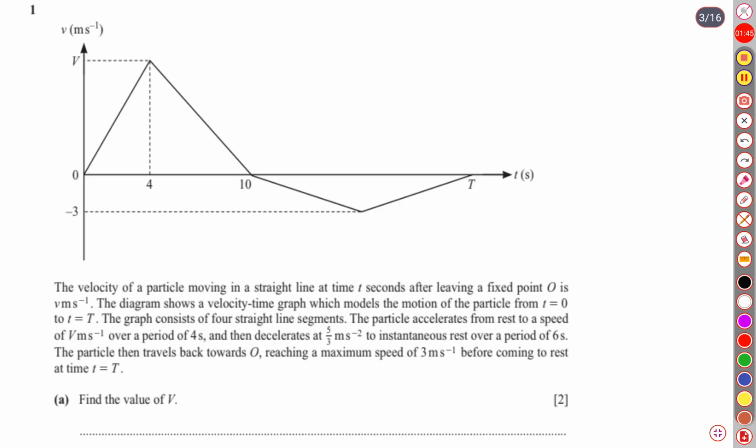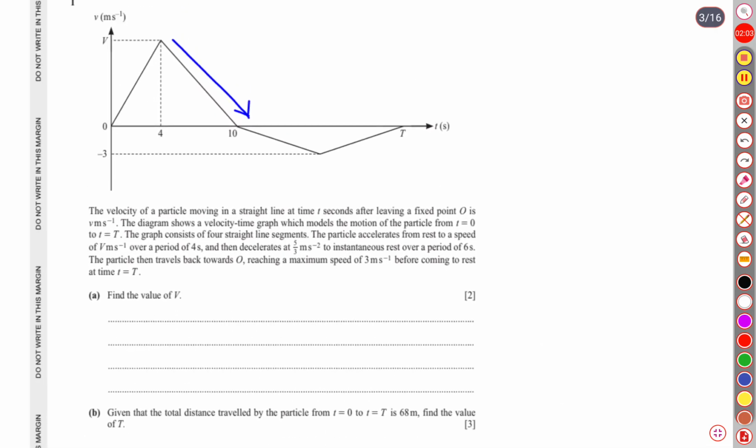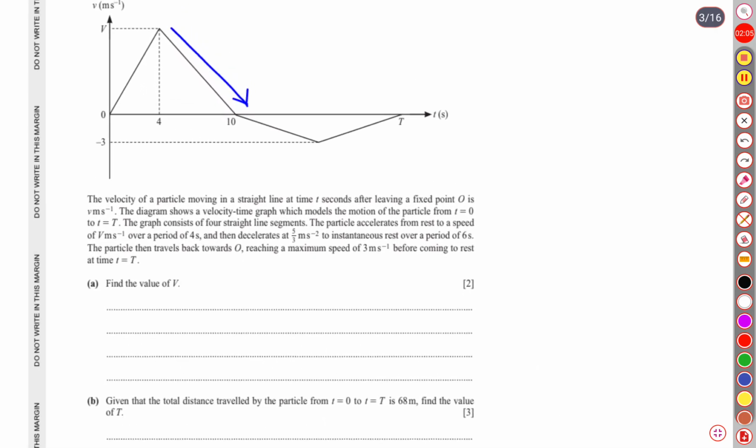So we are taking the second part of the first phase, when it was decelerating until it is at rest. So what is the formula we are going to apply? We know that the formula is v is equal to u plus at.